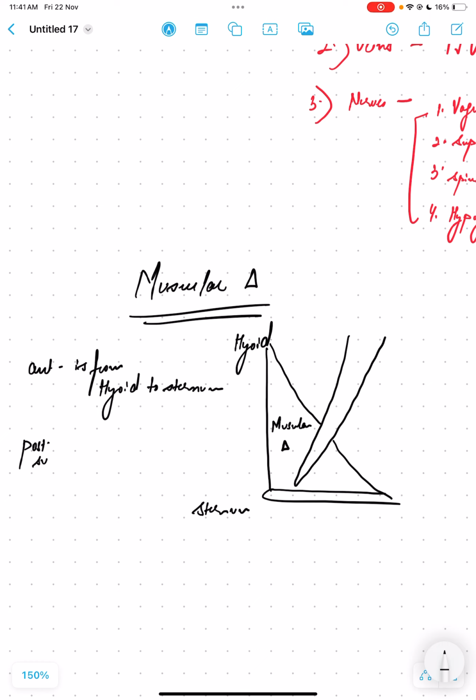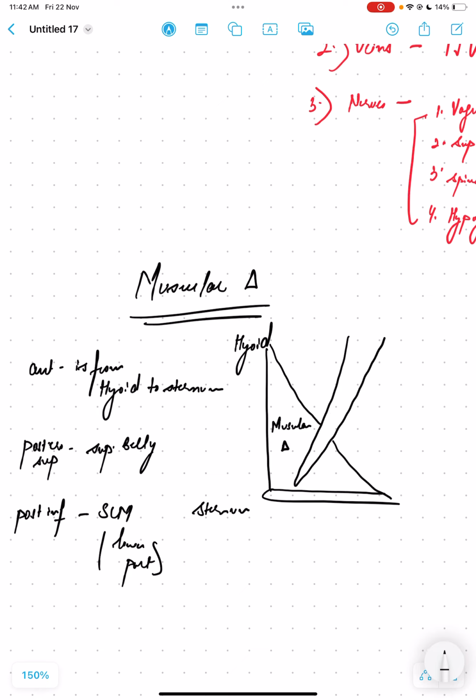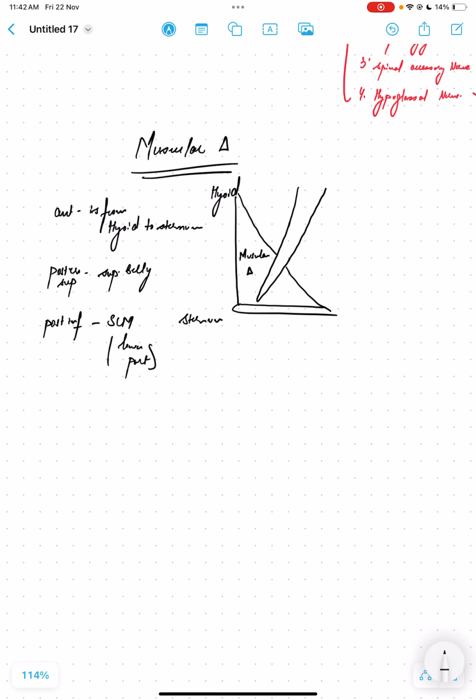Posteriorly and posterior superiorly we have the superior belly of omohyoid, and posterior inferiorly we have the lower part of the sternocleidomastoid, as you can see in this diagram. Then we will see what the contents of the muscular triangle are.